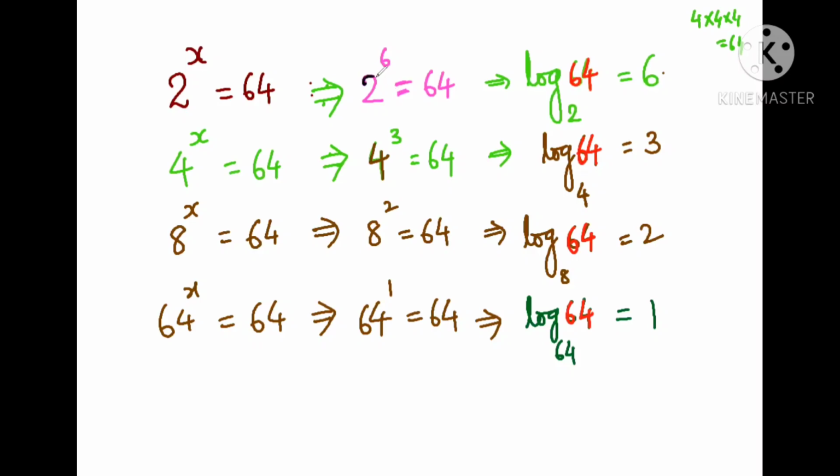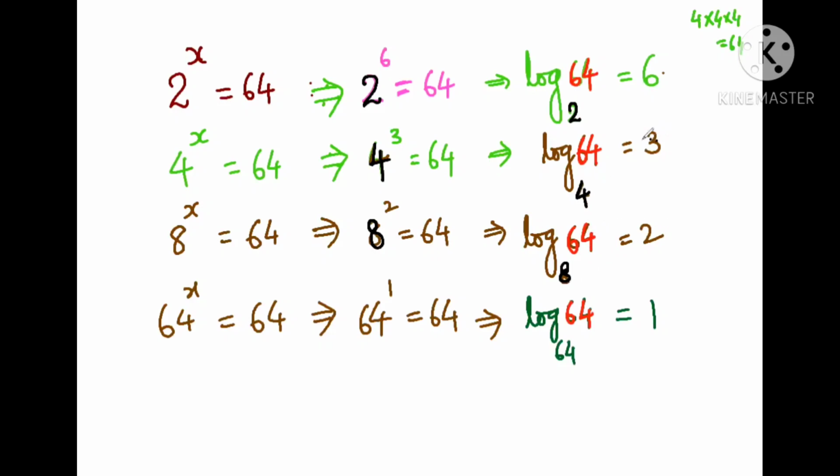For base 2, 2 should be raised to 6 to get 64. Here 4 is the base, so to get 64, 4 should be raised to 3. Here 8 is the base, so the logarithm of 64 with the base 8 is equal to 2, because 8 should be raised to 2 to get 64. 8 squared is equal to 64.